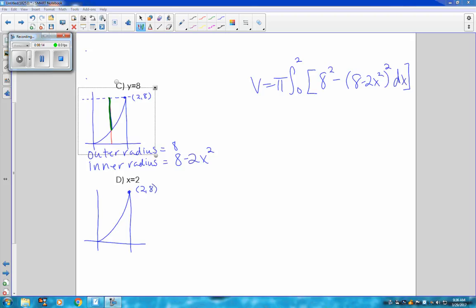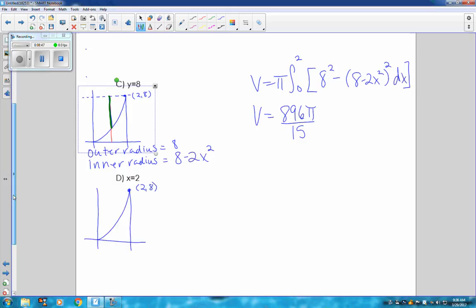So the most important part about this problem is being able to set it up. So if you can get the setup, you should be able to integrate it also. But there are some larger numbers here. The answer is 896 pi over 15. All right, do you want to see it? Okay. What did I say it was over? 15? Mm-hmm.